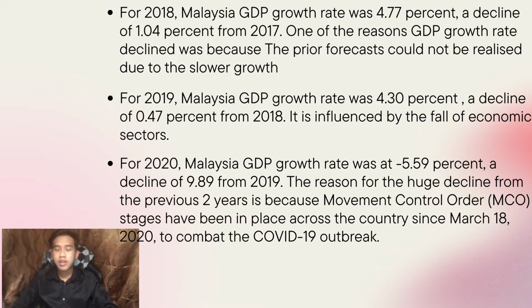For 2019, Malaysia's GDP growth rate was 4.30%, a decline of 0.47% from 2018. It is influenced by the fall of economic sectors.